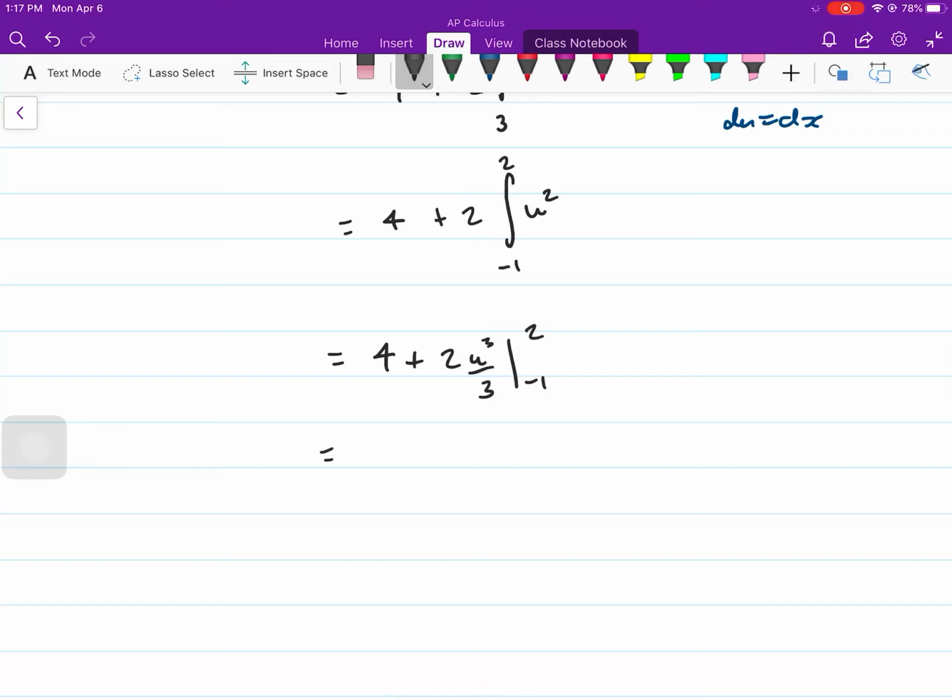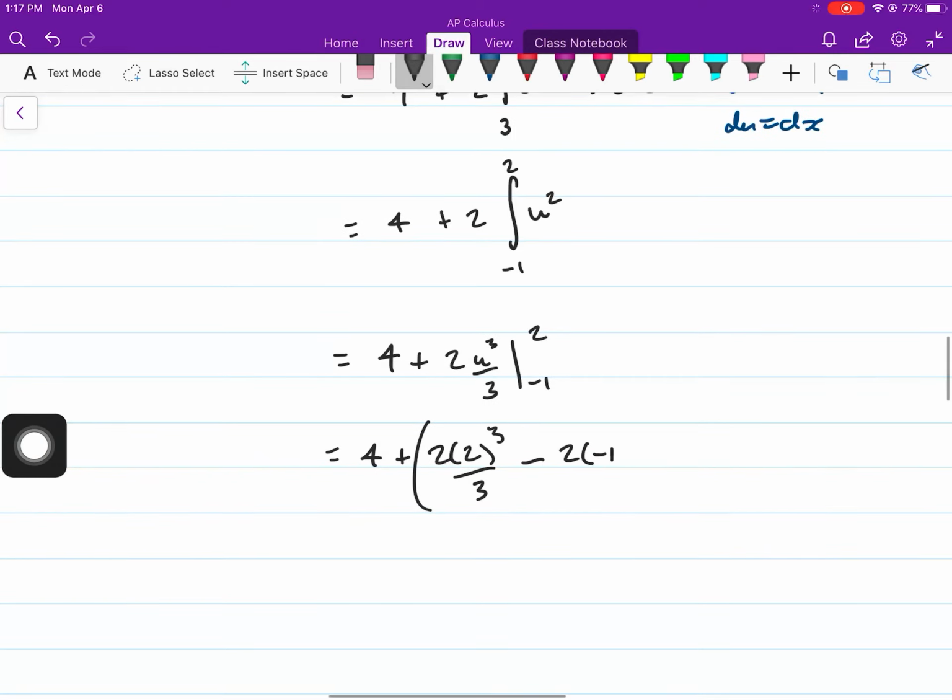And that's going to equal 4 plus 2 times 2 cubed over 3. I'll put parentheses just to show that I'm evaluating this right here. Minus 2 times negative 1 cubed over 3. So that's going to equal 4 plus 16 over 3. Minus, actually that's going to become plus because we have all those negatives there.